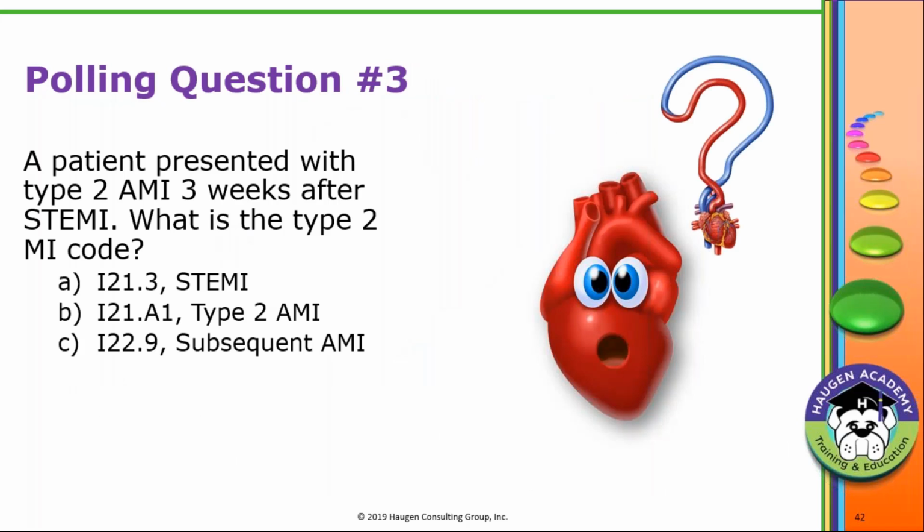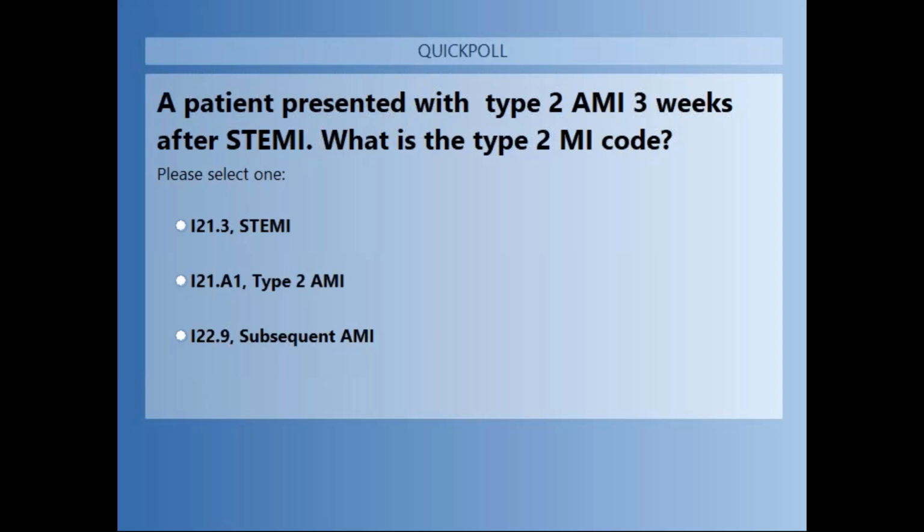And that brings us to our very last polling question. Kathy. Okay, the question reads, a patient presented with type 2 AMI 3 weeks after STEMI. What is the type 2 MI code? Is it I21.3 STEMI, I21.A1 type 2 AMI, or I22.9 subsequent AMI?